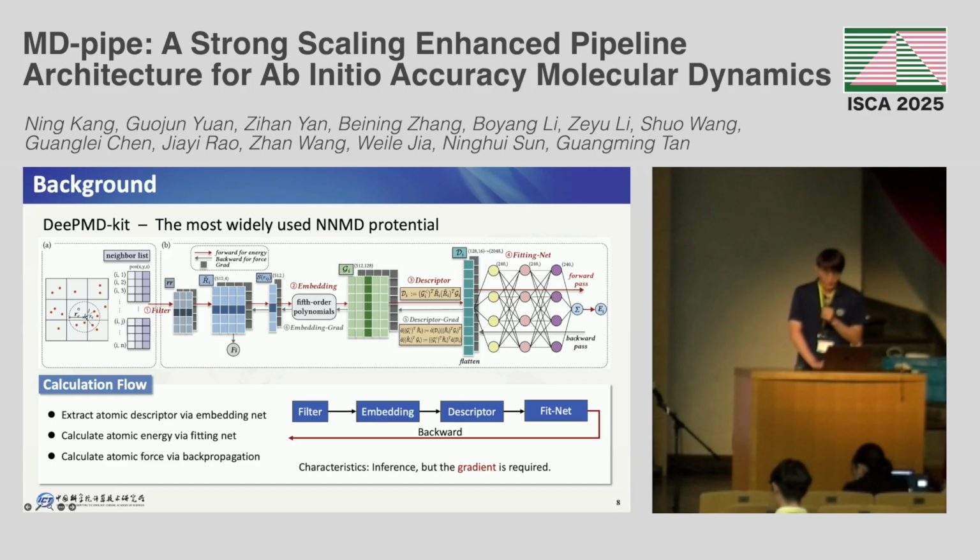One important thing to note is that this method still requires gradient computation during the inference phase. That is because atomic forces are obtained by differentiating the energy function, which is a key feature of this approach.